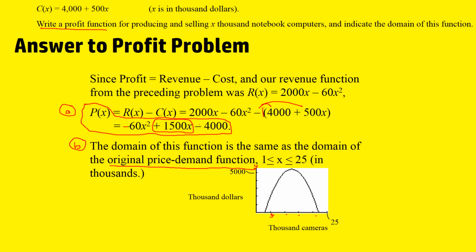So that's why it starts here at 1. It really should, let's see, that looks like 5, 10, 15, 20, 25. So not exactly to scale here, but here's a graph of that function, and we see the values on the y-axis here.